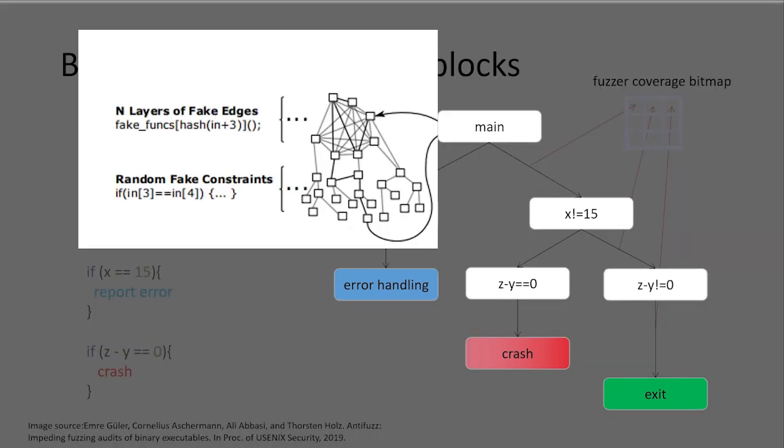So this method adds a large number of fake blocks into the program, and fuzzers will record the fake coverage information into the bitmap. If the number of fake blocks is large enough, the coverage bitmap of fuzzers will be saturated with fake information, and it will no longer be possible to identify new coverage in the original program.